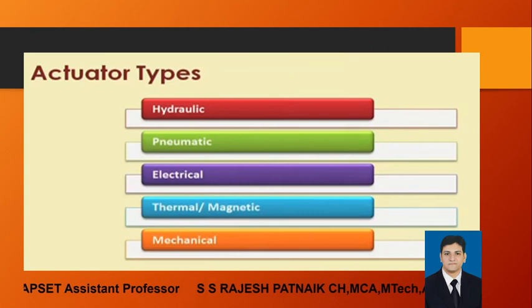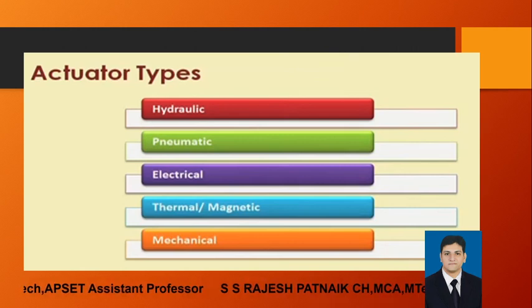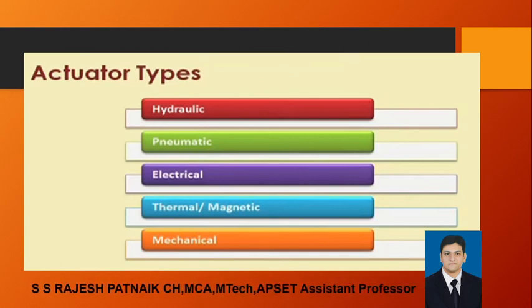And mechanical actuators: generally this type of actuator is used in so many areas in the marketplace. It is a little bit cheap compared to other types of actuators. A mechanical actuator performs a certain mechanical action. Okay, done. So let us understand one by one.